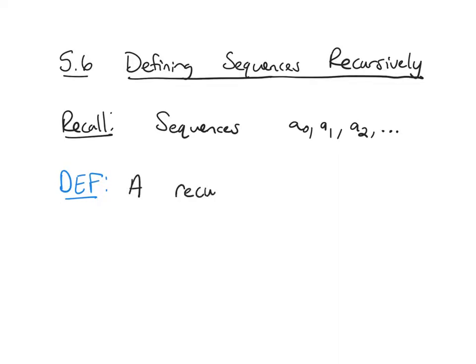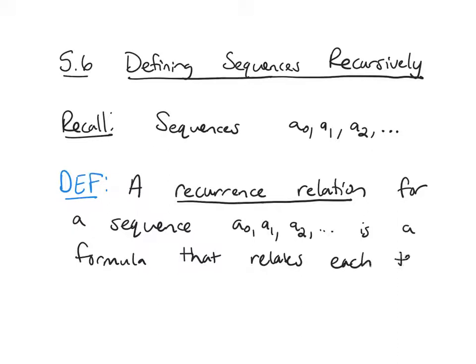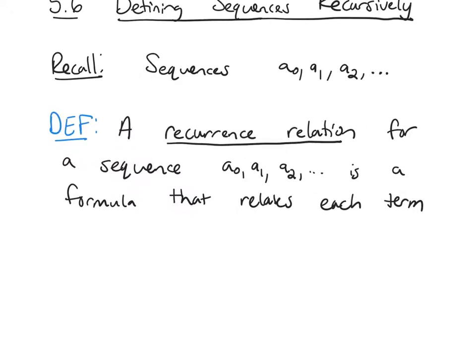A recurrence relation for a sequence A0, A1, A2, and so forth is a formula that relates each term, called AK, to a certain number of its predecessors.